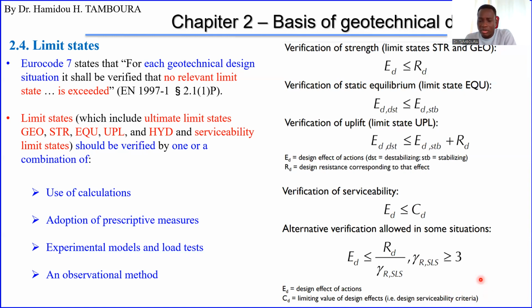Okay. Another alternative allowed in some situations is this. So we can check that this RD, same definition as here, the resistance corresponding to the effect, which is divided by this factor, and make sure that it's higher than 3.